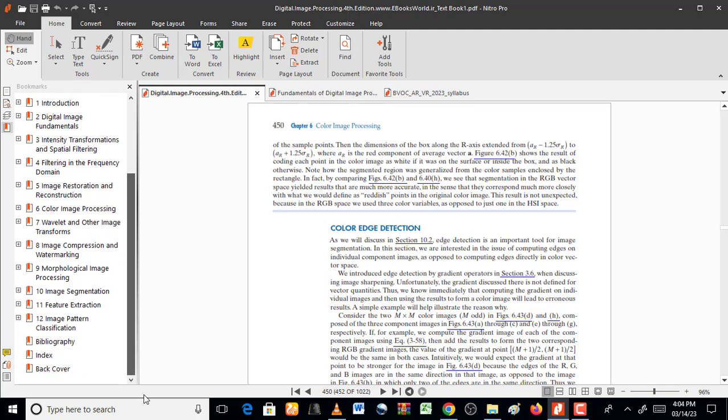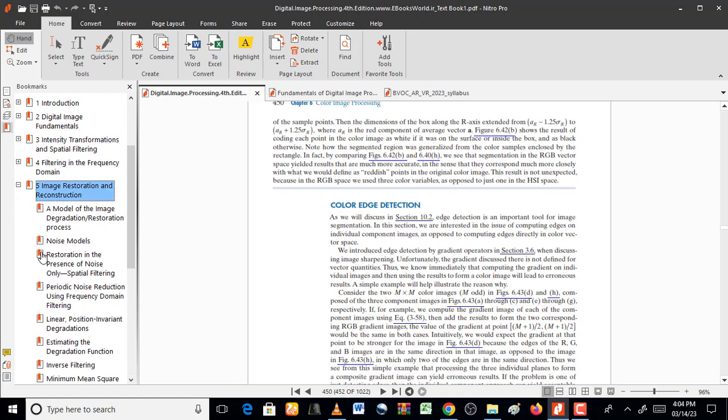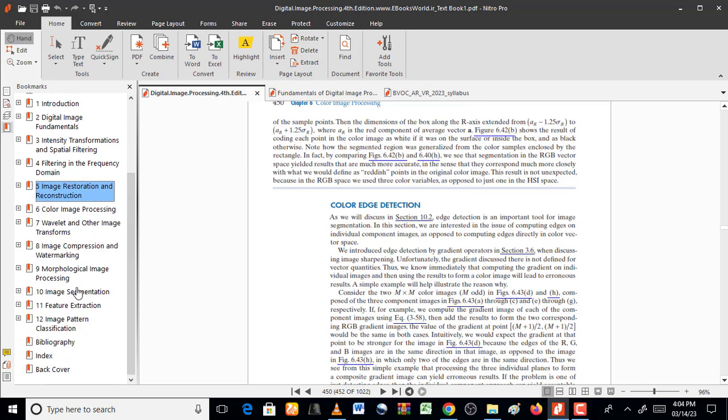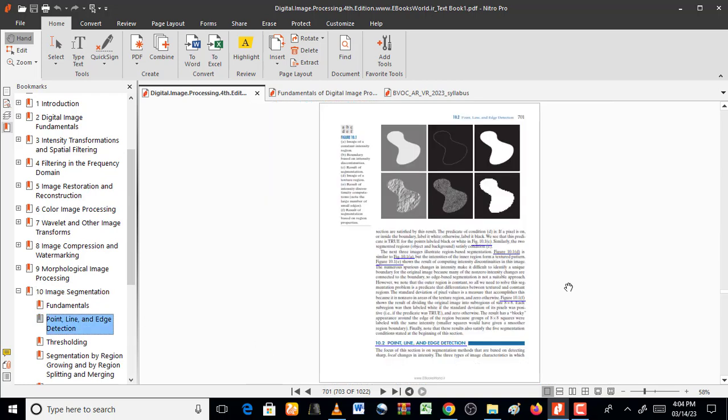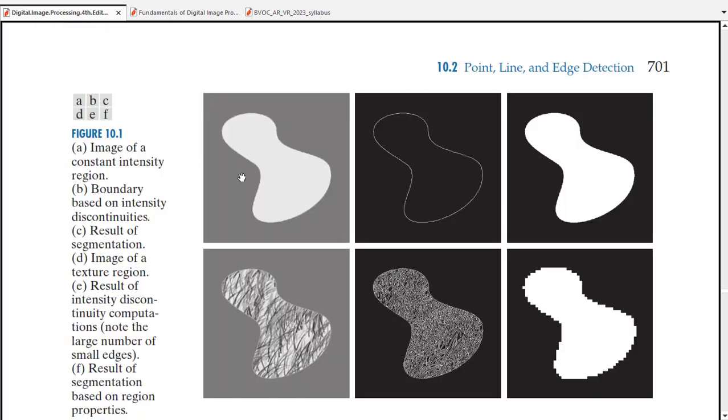In this concept we will say the type of image segmentation role. In this model we will analyze the different types of edge detections.